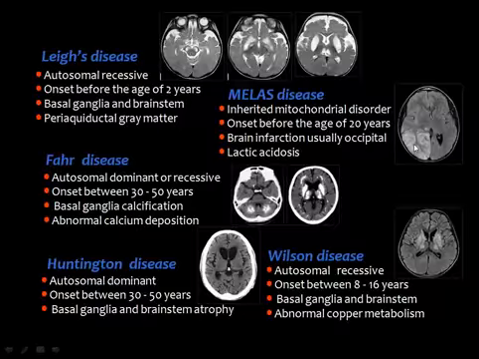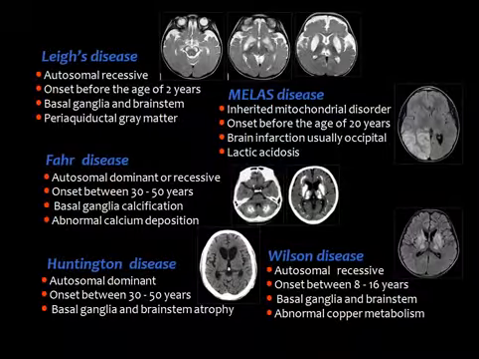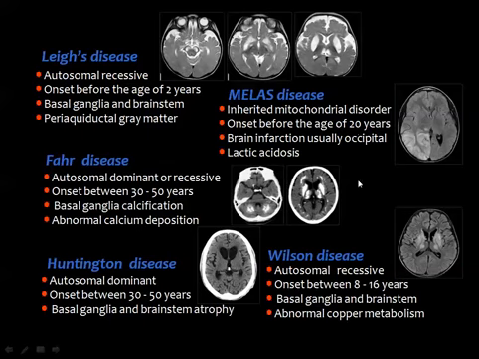As I have mentioned, there are three ways to confirm the diagnosis of MELAS. Number one, the presence of ischemic stroke in a relatively younger age. Number two, the presence of lactic acidosis. And number three, the muscle or brain tissue biopsy.